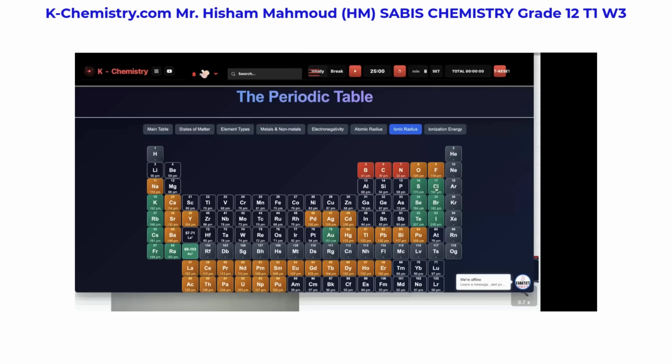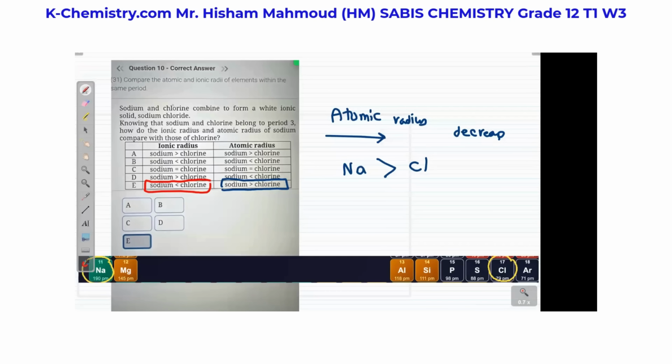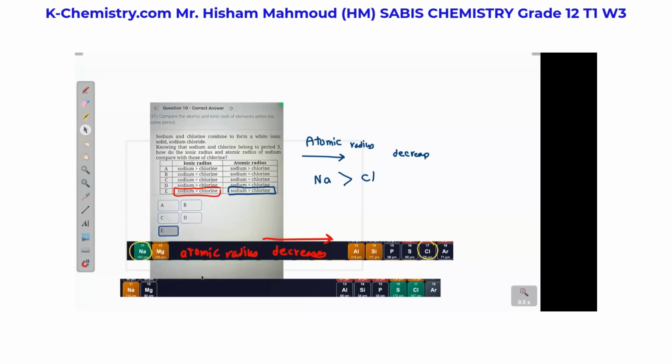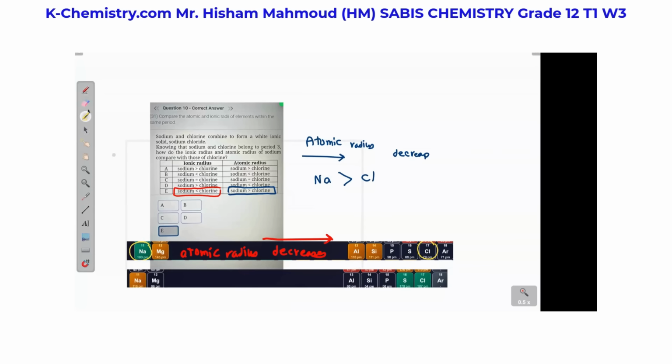And I will just say it again. The atomic radius, when you go from left to right across the period, decreases. What about the ionic?